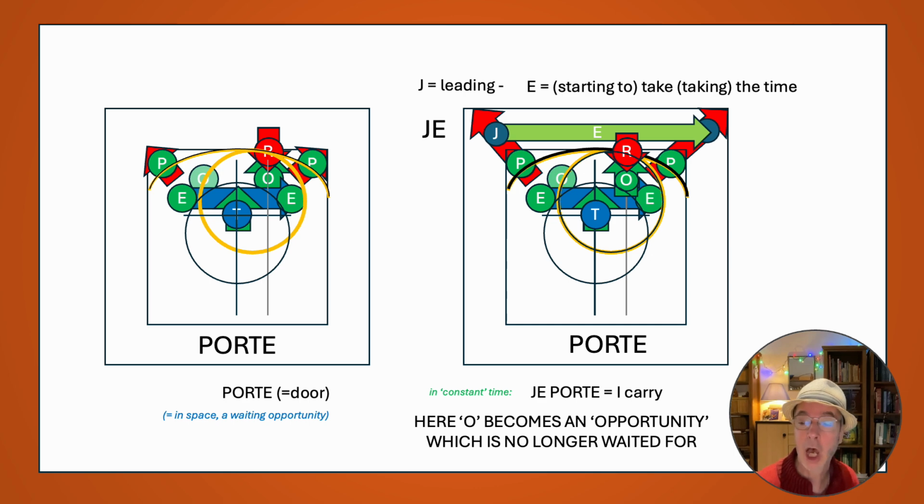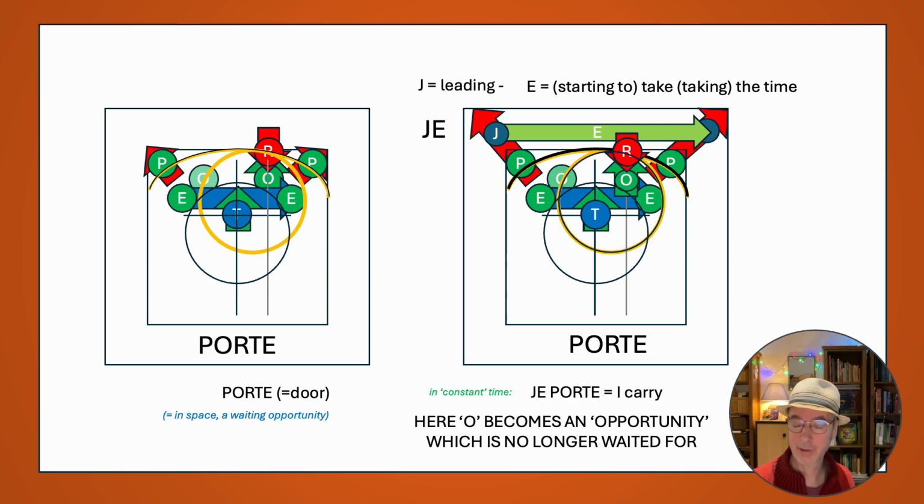It becomes an opportunity. That's a full open door. We don't have to wait for it anymore in the physical sense. It's there all the time, and I can carry it along because I have the association that I have the key to open the door the whole time.